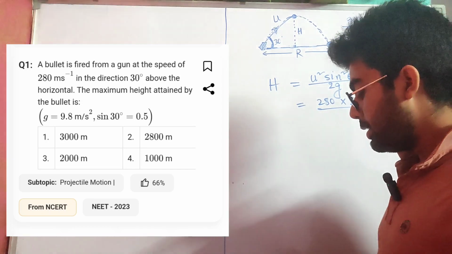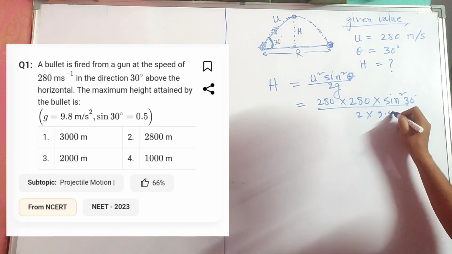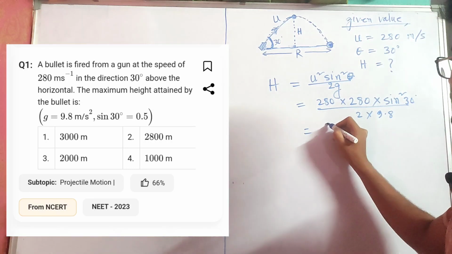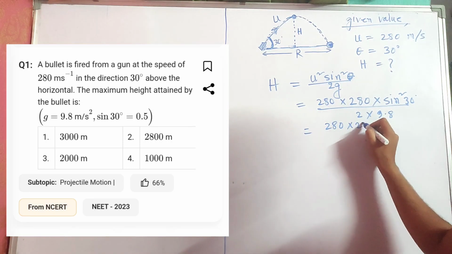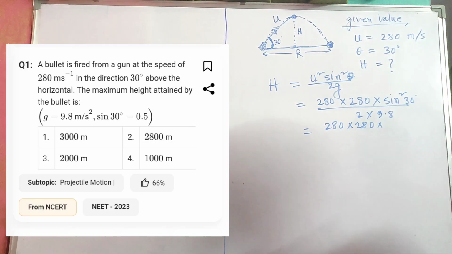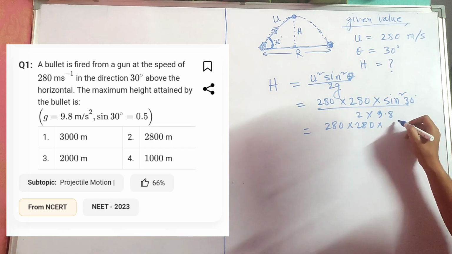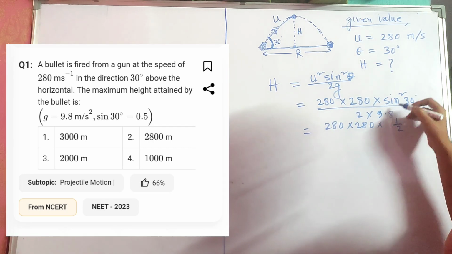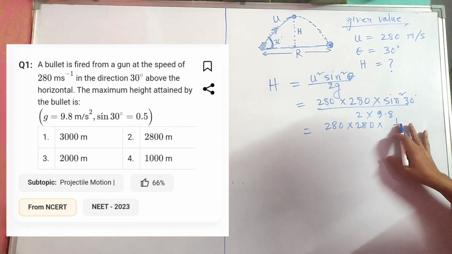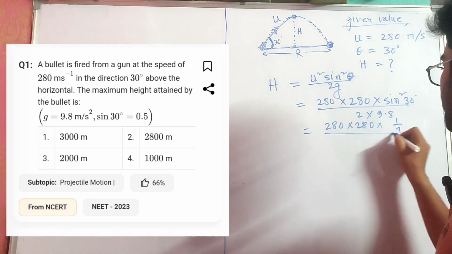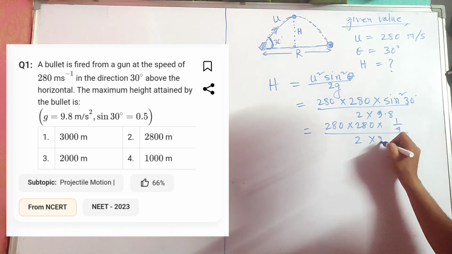G means the value of g is 9.8. 280 into 280 into sin 30 degree, which is half, square means 1/4, by 2 into 9.8.